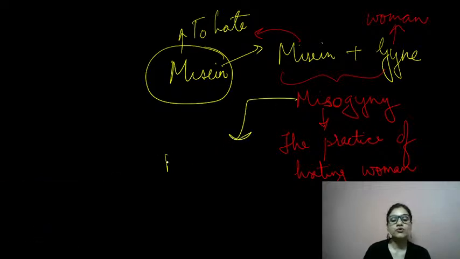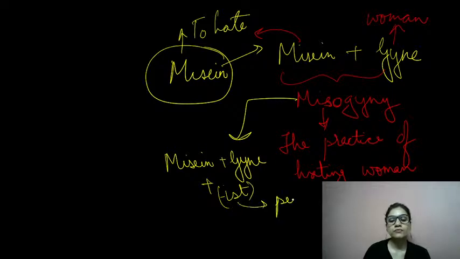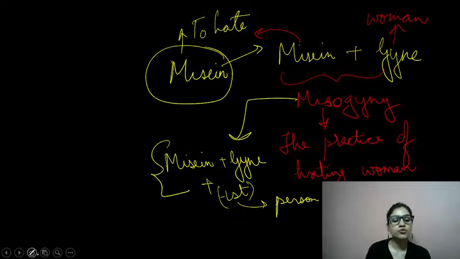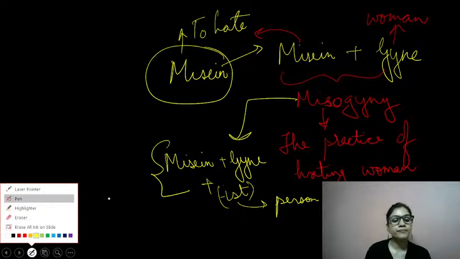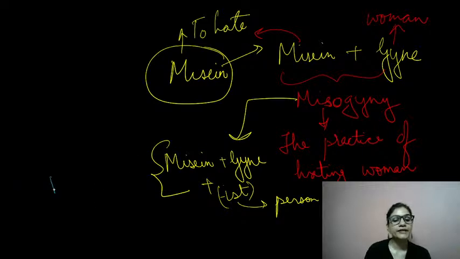If I add words to it, misane plus gynae plus ist. Ist is a person who. Right? So when I combine these word roots, the word I get is misogynist.